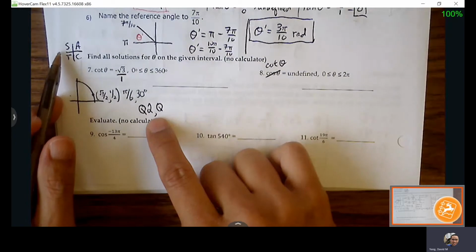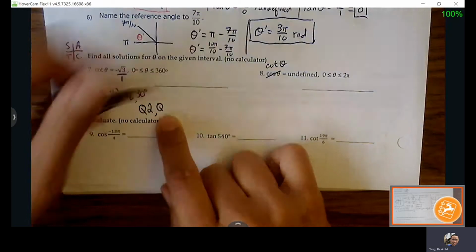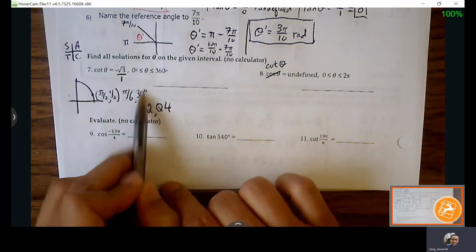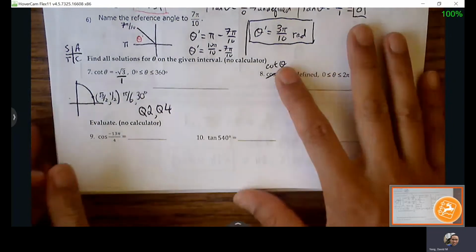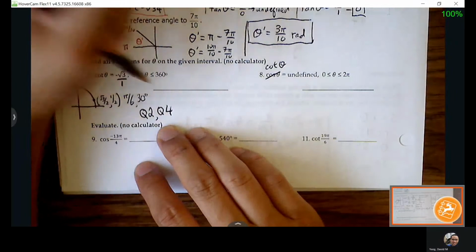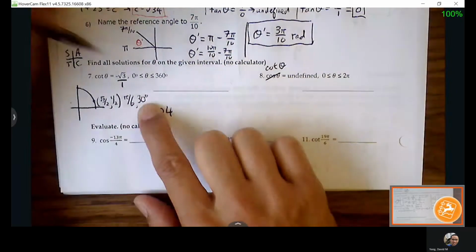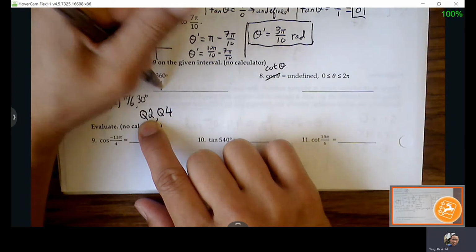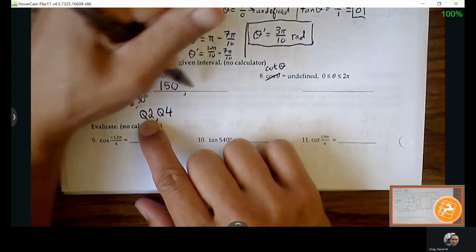So second and what? Fourth, yeah. So we want to find the 30-degree variation. Of course, you can also just look on your unit circle. So what are my degree measures? Good, 150, 330.